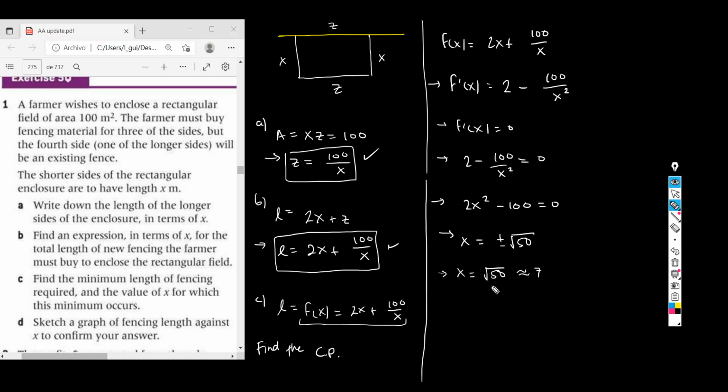And furthermore, how do I know whether that's a minimum? How do I know that? Well, we can find out with the second derivative test. What we need to do is basically get the second derivative of the function. If this is the first derivative, I'm going to differentiate again, and you will be getting 200 over x to the 3.